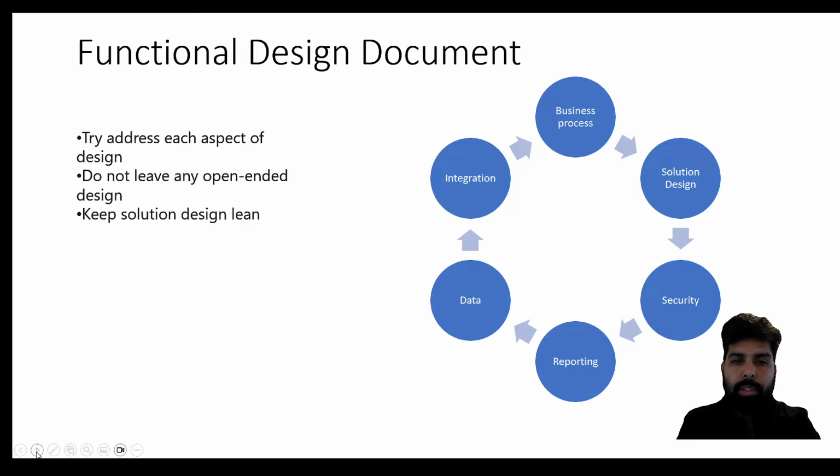And most importantly, keep the solution design lean and simple. Let's not make a complex design which might create an issue during the trainings and user adoption. So these are the things which we need to keep in mind whenever we are writing a functional design document, or a report design document or integration design document.